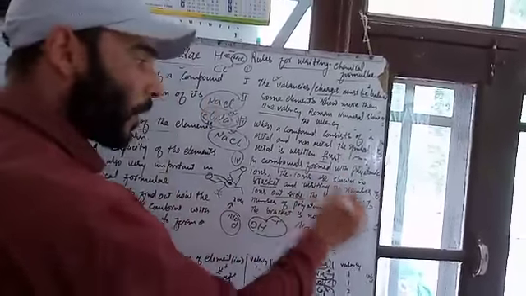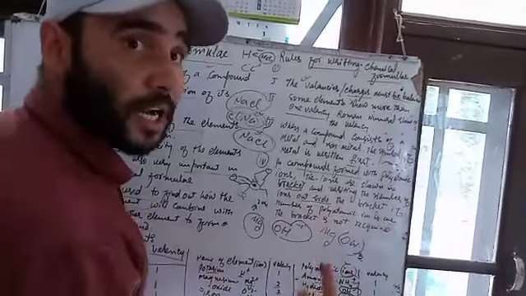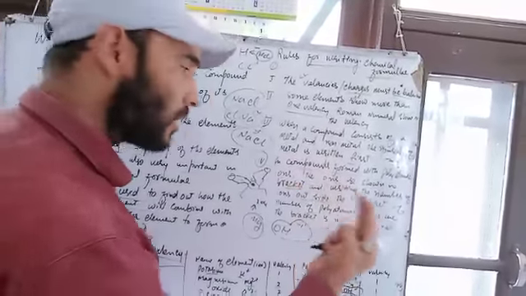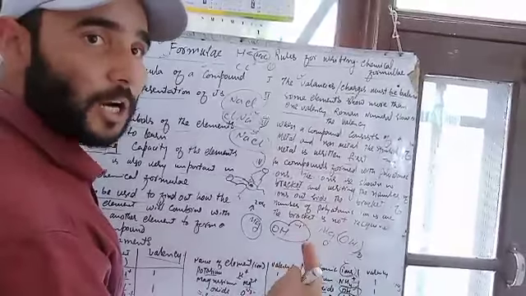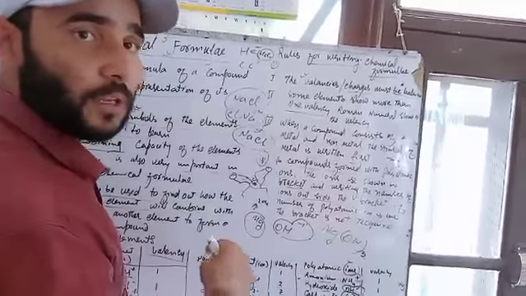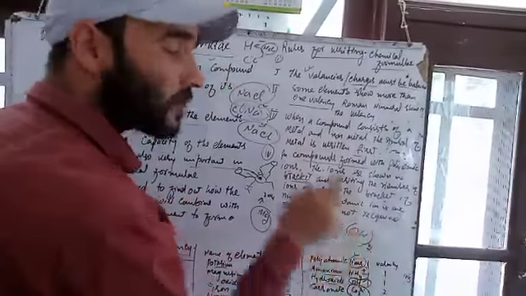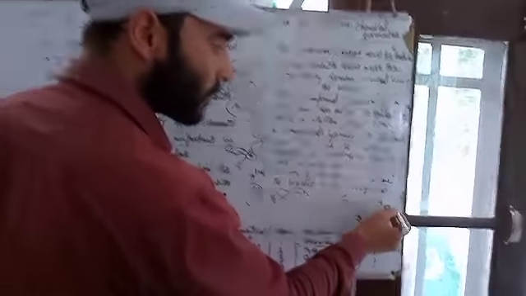If the polyatomic ion has a valency of 1 and forms a compound with another element having one valency, then the brackets are not required. For example, NaOH.